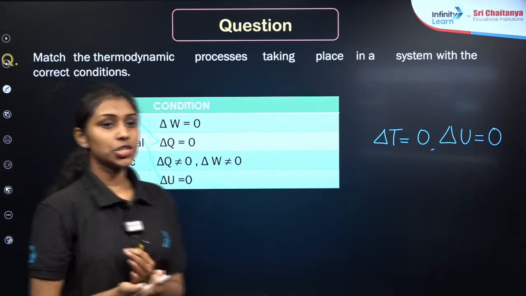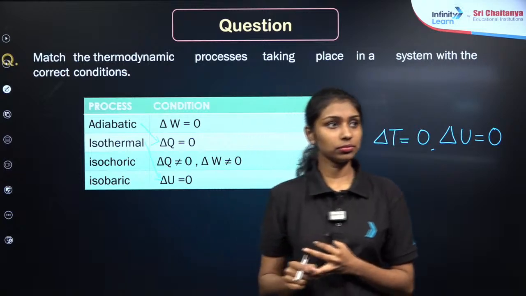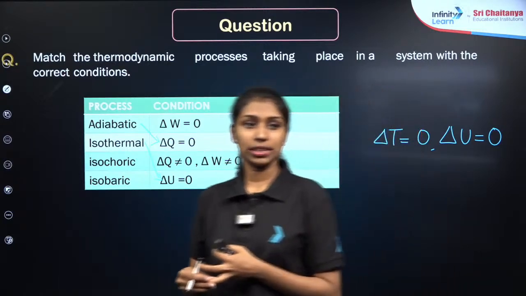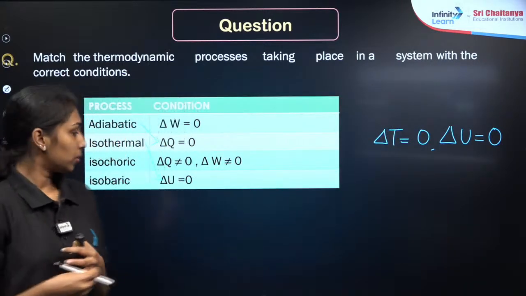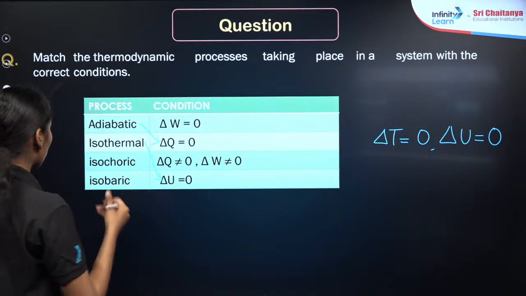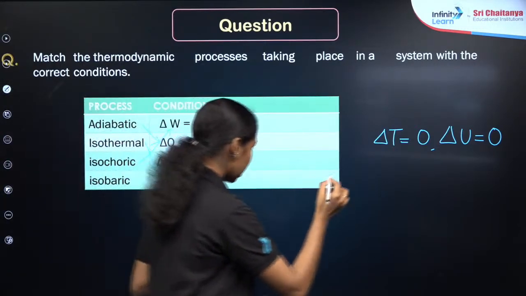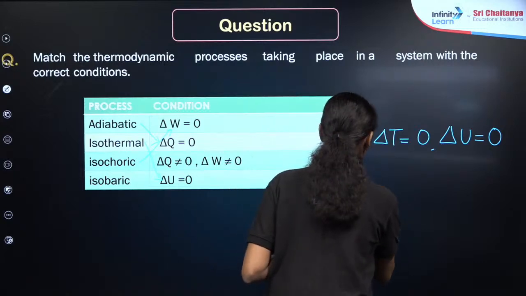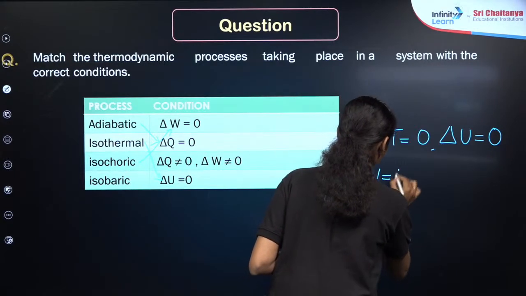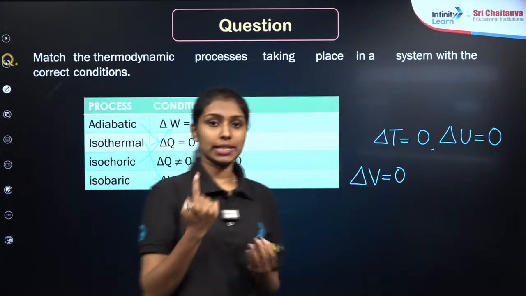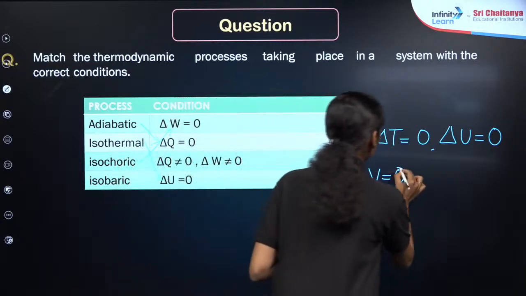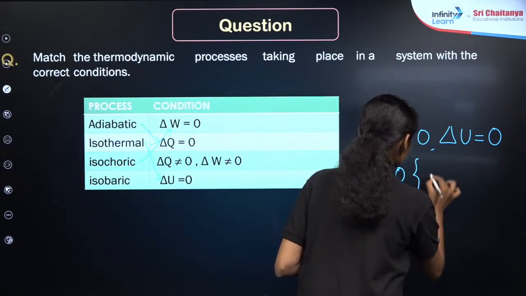Then what about the other conditions? Isochoric, right? Which means constant volume. Isochoric means delta V is equal to 0. In the next session, I will be discussing the work done for the different processes.